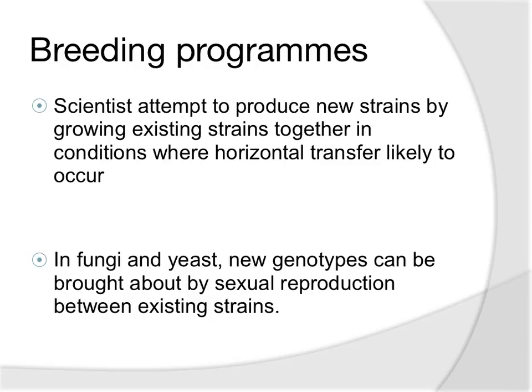When it comes to fungi and yeast, when you're looking to produce new strains, that can be brought about by sexual reproduction between existing strains. Because you've got sexual reproduction, you've got the opportunity to produce lots and lots of different variations, and you can investigate to see which fungi or which yeast grows best in certain conditions and so on and so forth.